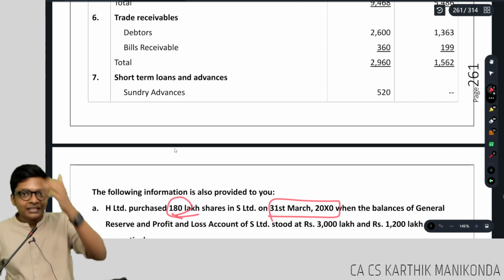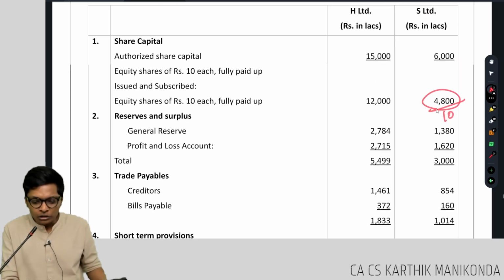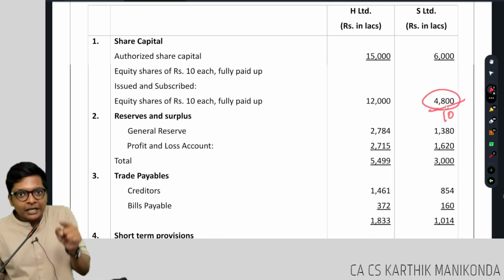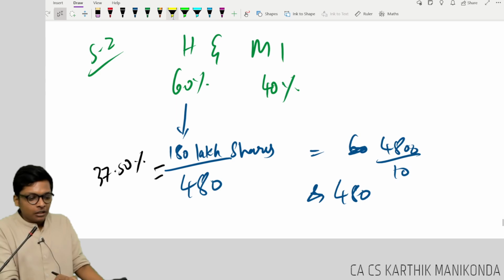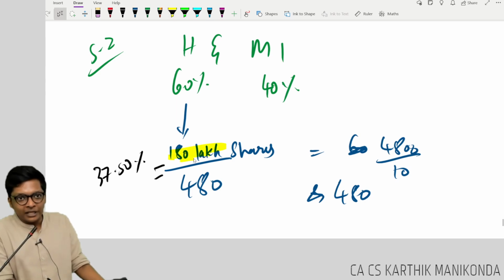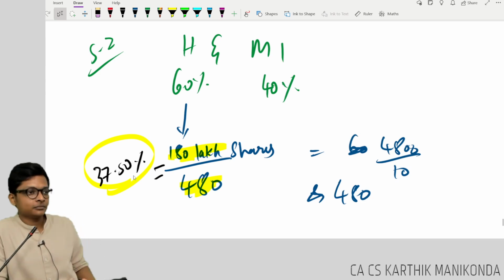Who gave bonus? Subsidiary gave the bonus. That means this 4,800 is after bonus issue. That means I am comparing the 180 which is before bonus, 480 which is after bonus, and you got a wrong percentage. Step 2 itself sum gone, no need to do step 3.